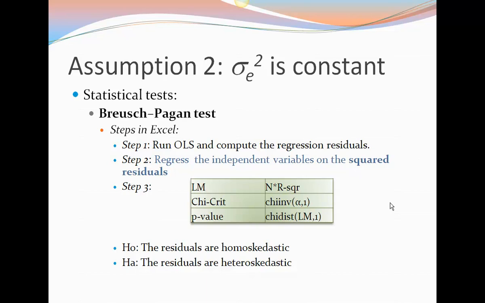So, if you have 4 independent variables, you would use CHIDIST, that Breusch-Pagan statistic that you calculated above, comma 4. And that would give you your p-value. And you would do your standard interpretation: p-value less than 0.05, reject H0, meaning that there is a problem. Greater than 0.05, do not reject H0, meaning that there is not a problem.